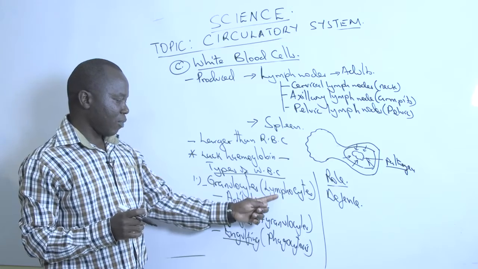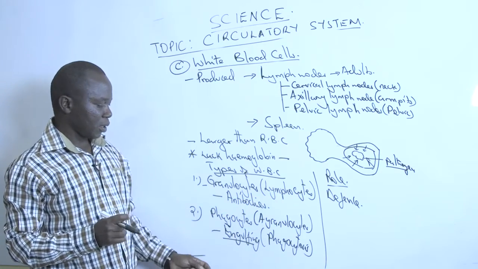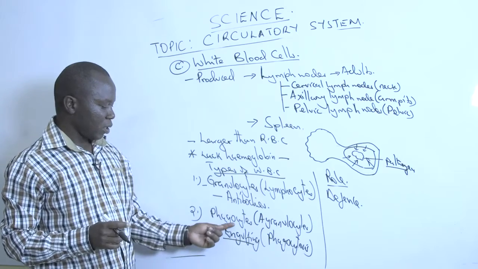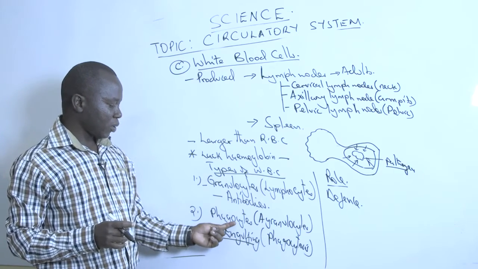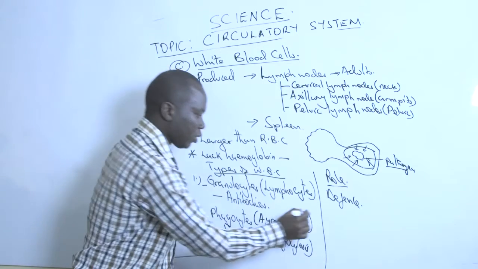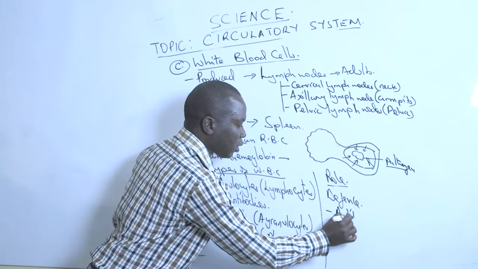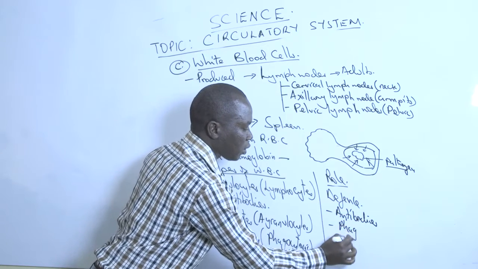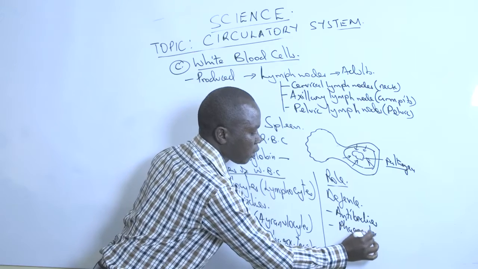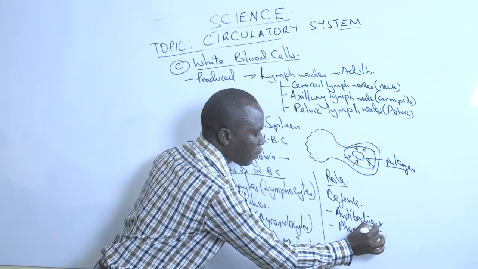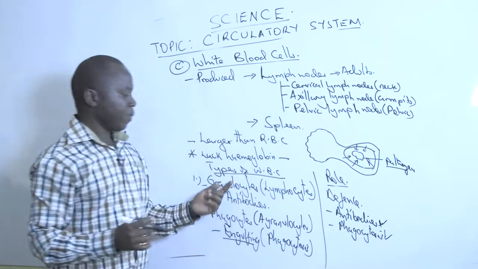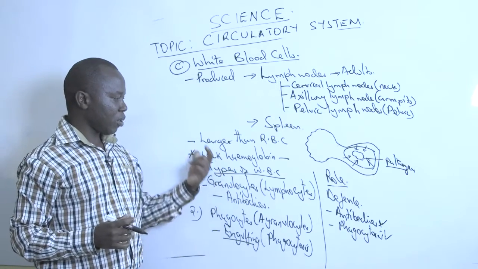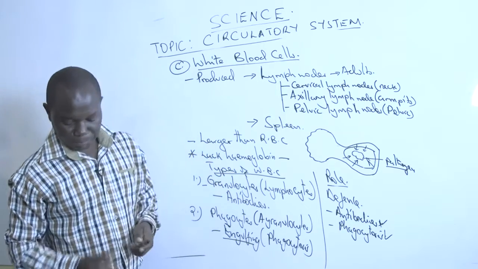Those are the lymphocytes that will produce the antibodies. And phagocytosis is for the white blood cells called the phagocytes. So these are the two major processes through which white blood cells defend the body against invasion by pathogens.